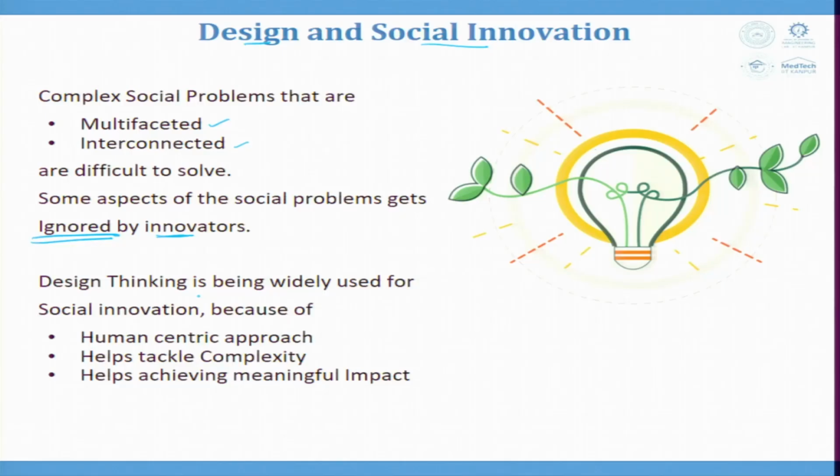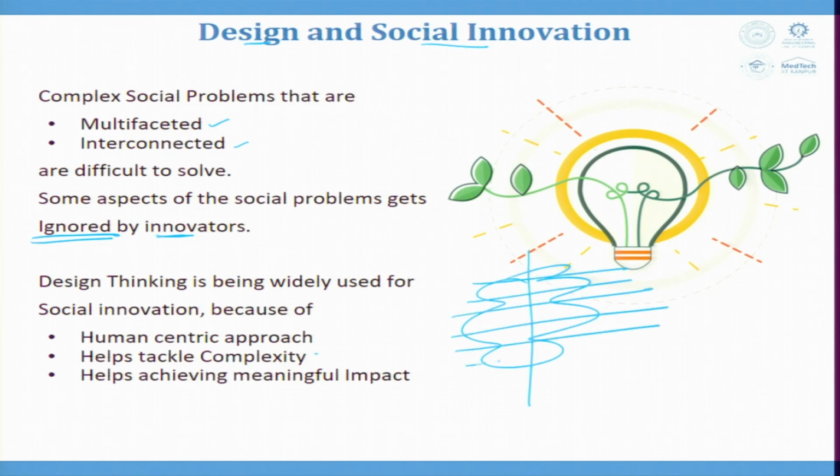So, design thinking is being widely used for social innovation because its human-centric approach helps tackle complexity. When I say complexity, it is like this: you have a very complex problem, and this complex problem has to be split into small milestones. You will split it into sections 1, 2, 3, 4, 5.